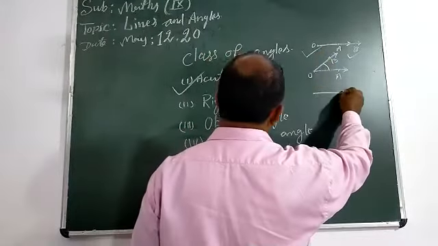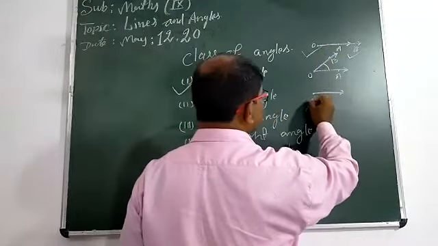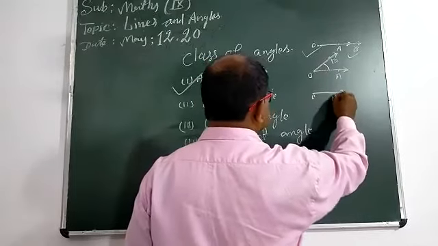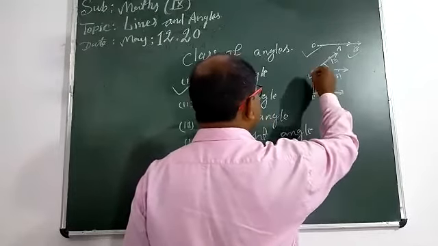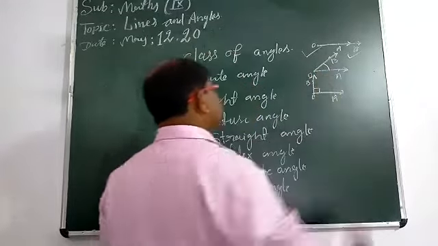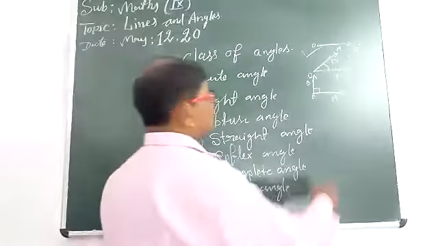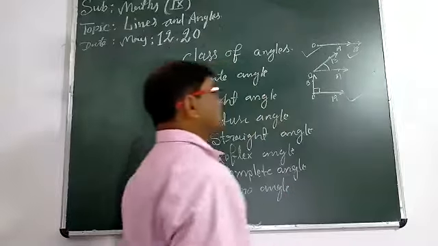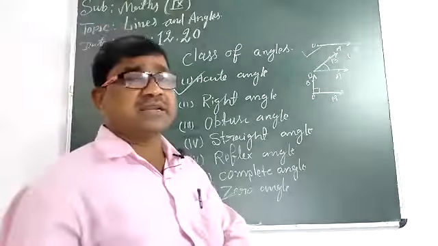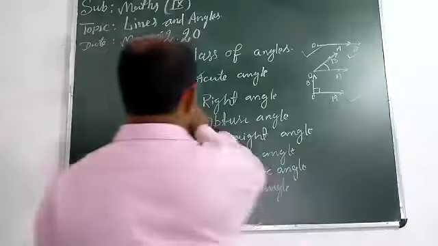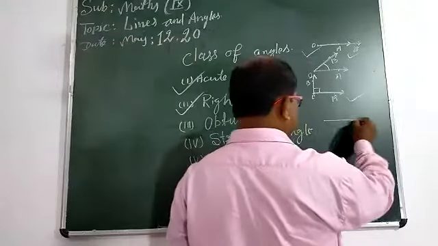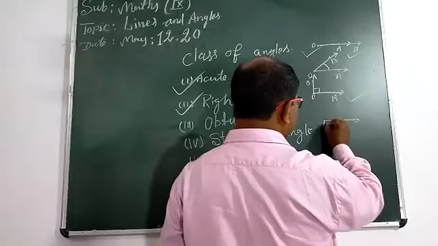Now, suppose that these two rays are making inclination in such a way that the measurement of this angle is 90 degree. That type of angle is called a right angle. The angle whose measurement is 90 degree is called a right angle. Understood? Now student, increase this inclination.